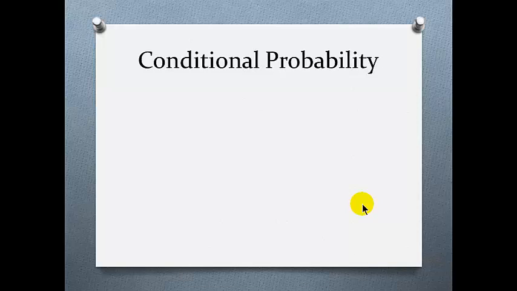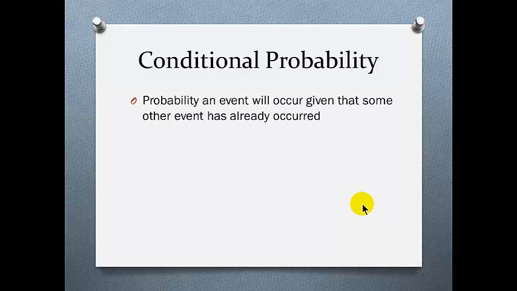This kind of opens the door to what is called conditional probability. Conditional probability is the probability an event will occur given some other event has already occurred. We have some new information. What's the probability that I need an umbrella when I go out today?